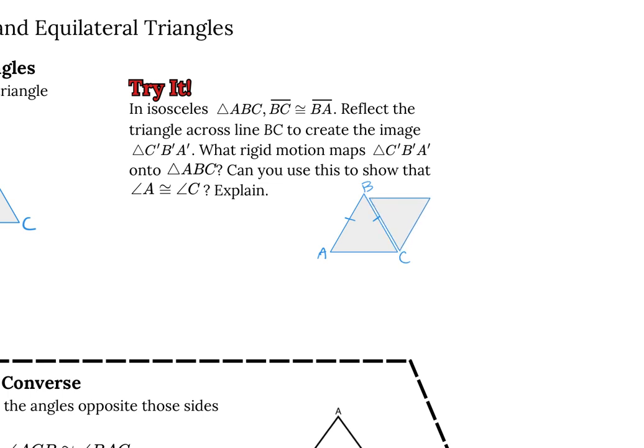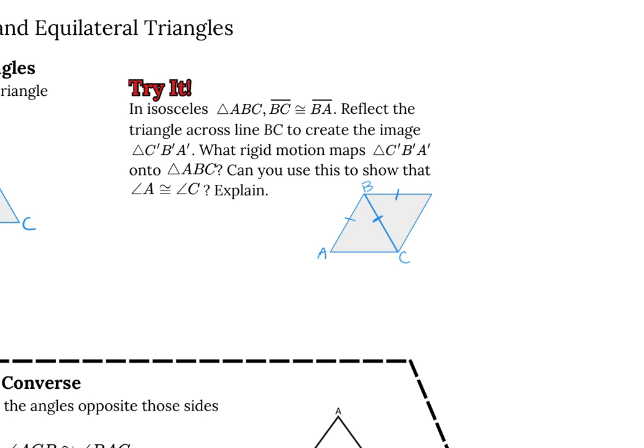See if I can adjust my size here. Okay, so I think that looks close enough. So again, we have this side that is congruent, and now this side would be congruent.